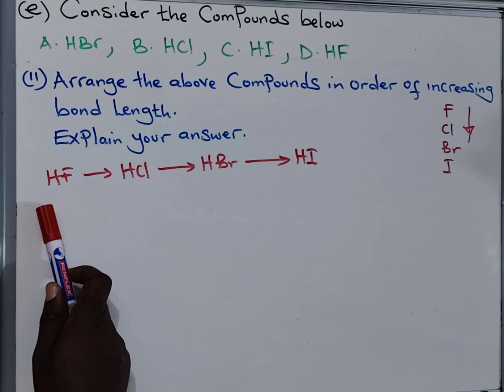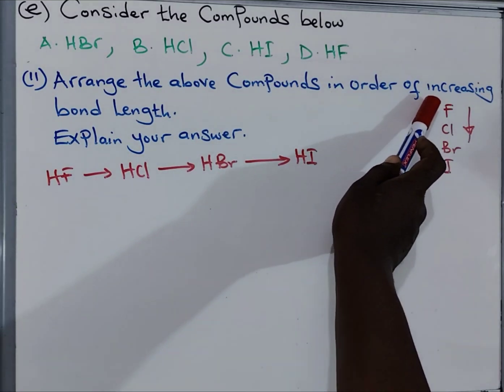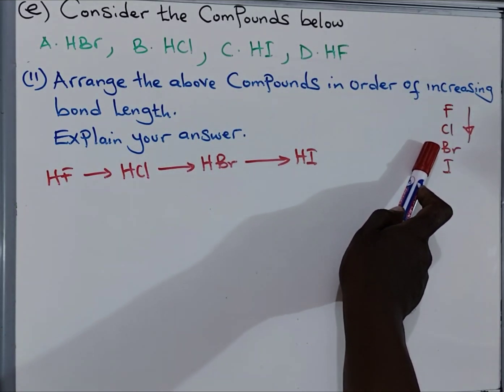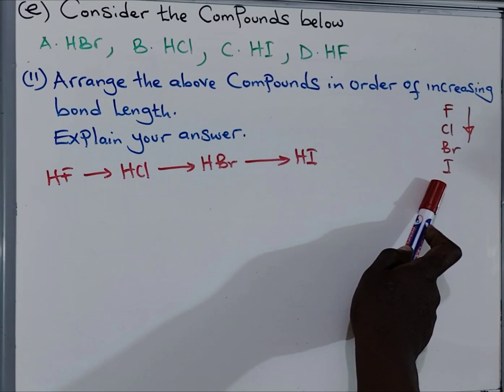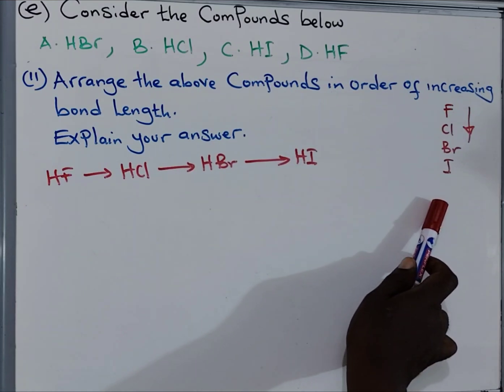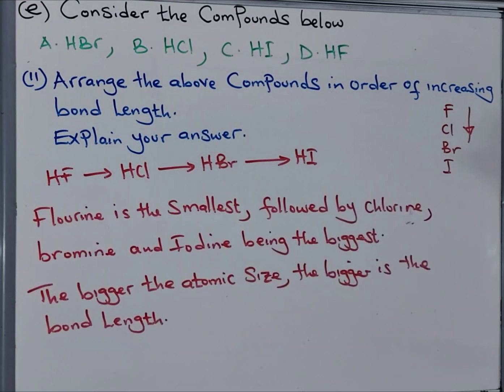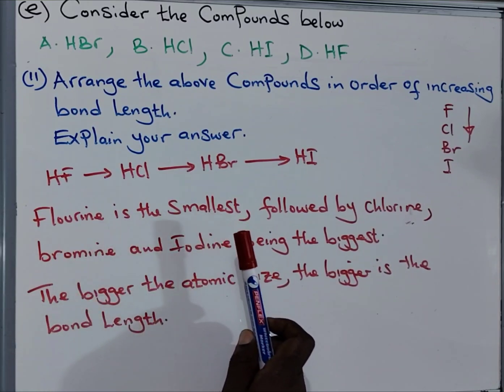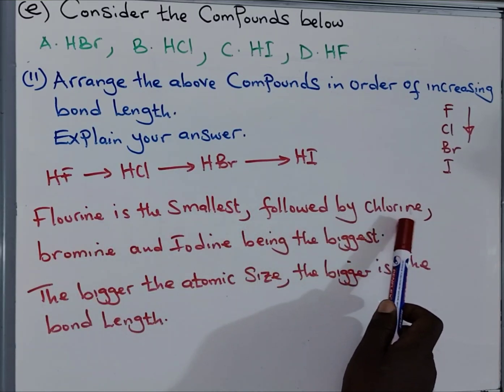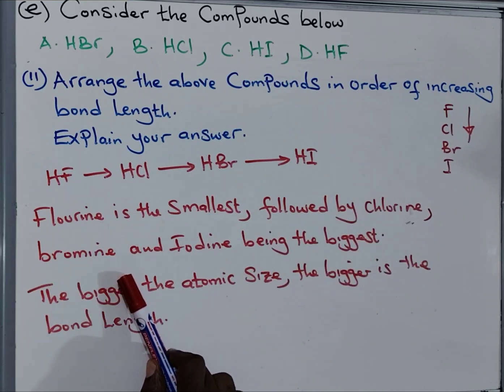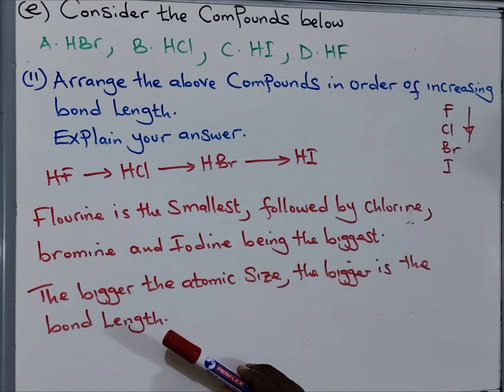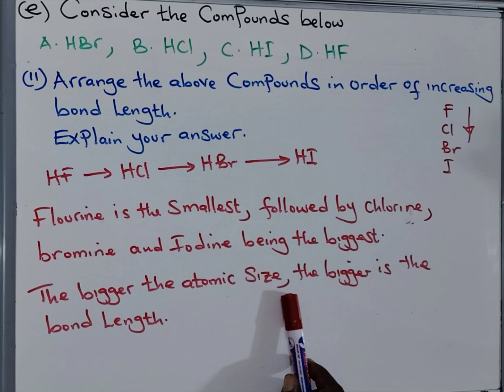The reason is that the atomic size increases as you go down the group, and the bigger the atomic size, the bigger is the bond length. Fluorine is the smallest, followed by chlorine, bromine, and iodine being the biggest. The bigger the atomic size, the bigger is the bond length.